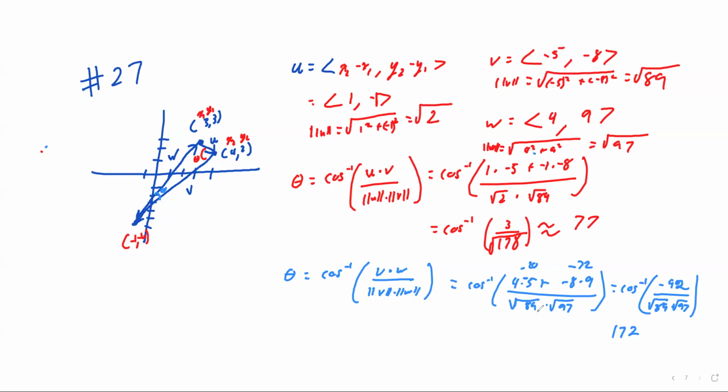Oh, and it is, because I can see that this is definitely less than 90. So I'm glad this popped up. Hold on. Since I know that has to be less than 90, all I have to do is take this and subtract it from 180. We haven't had a situation where this happened until now, and I get 8.